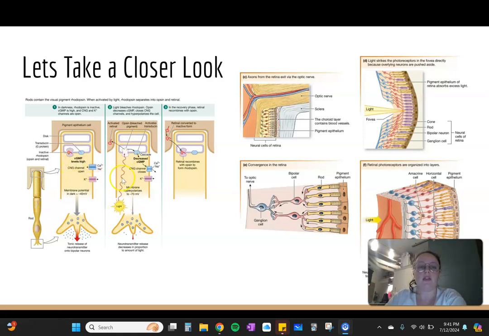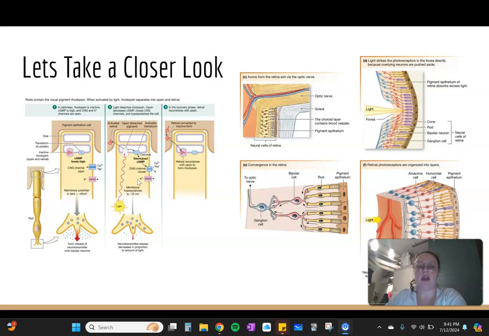But if we have light hitting our rhodopsin, it separates, our activated retinal separates from it and is taken up by the pigment epithelium. And this causes a cascade where we decrease our cGMP, which then actually closes our calcium and sodium channel. So we no longer have an influx of calcium or sodium, but we still have our potassium leaving the cell.